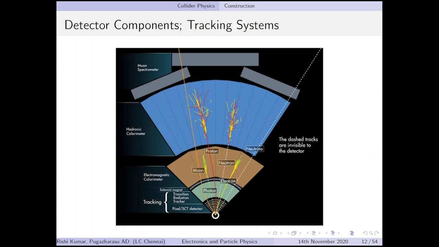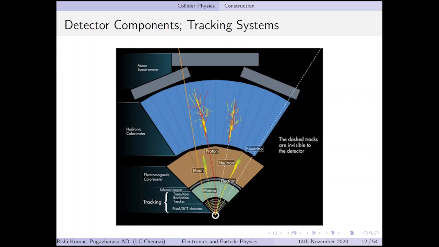This ionization is recorded at numerous points along the trajectory of the charged particle and traces out a track, as we see here in this diagram. Observing these tracks provides information about the direction of charged particles, but by itself doesn't provide information about the energy of the particles.